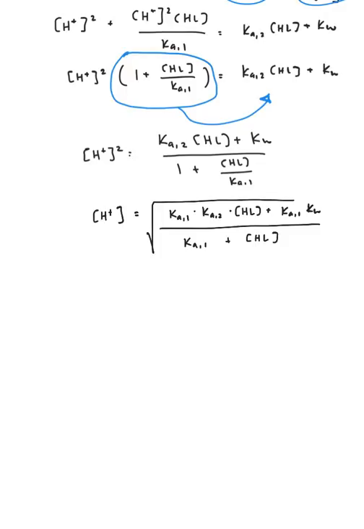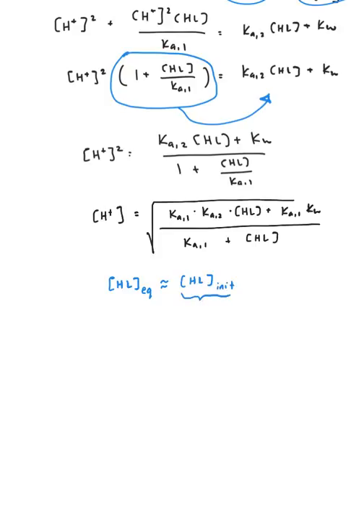This is all we have to worry about in order to solve for the concentration of H+ cations in our leucine solution. Now, that's a whole lot of numbers there. We need to know what the concentration of HL is, but because HL leucine is a weak acid, we expect that the concentration of leucine at equilibrium to be approximately equal to the initial concentration of leucine that we placed in solution.